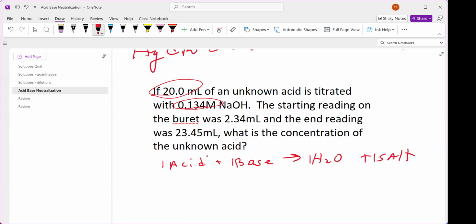Sometimes with acids, more than one H could come off. Sometimes 3 H's could come off, like citric acid and phosphoric acid, which both have 3 hydrogens that come off.